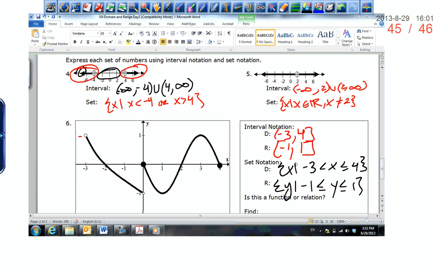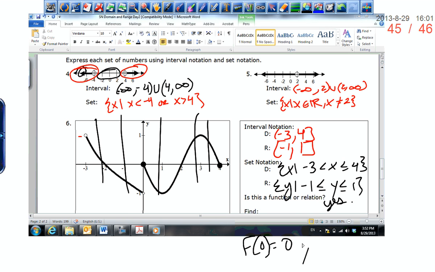Is it a function? Yes. It is a function. We pass the vertical line test at any point. What are the last things? Find f of 0. F of 0 is 0. When x is 0, what is the y value?